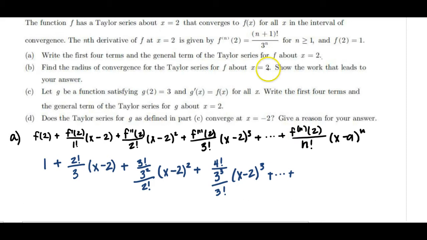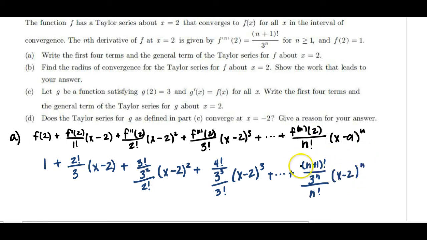Well, that's this formula exactly. So we have (n plus 1) factorial over 3 to the n, over n factorial. So I'm using this n factorial down here. Times (x minus a), or I'm sorry, (x minus 2). Our center is 2, so we do want to include the 2 there. (x minus 2) to the n.